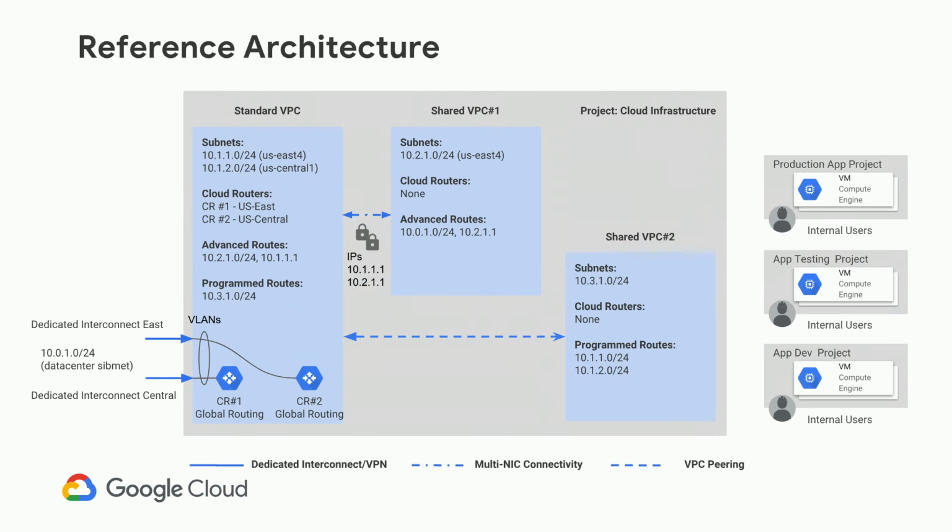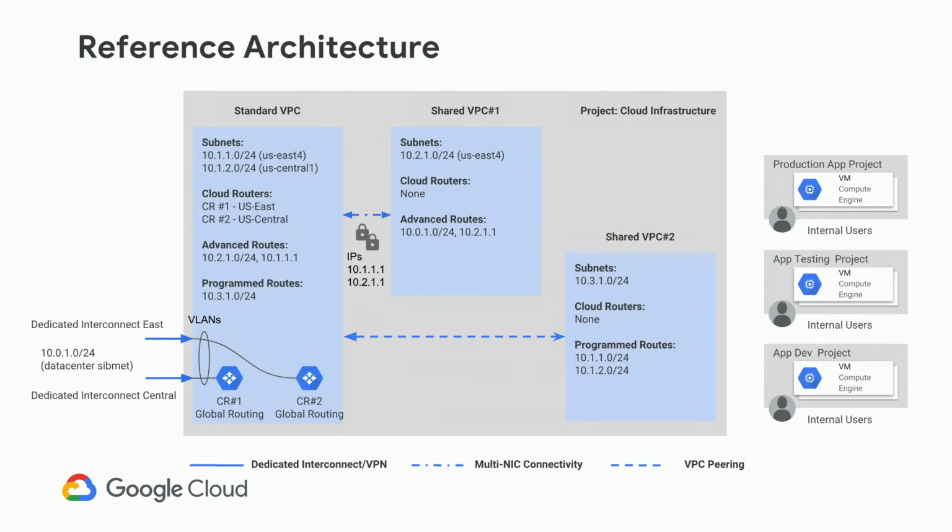The second thing is I want to peer 2 of these. If I take the shared VPC number 2, I'm going to peer that with the standard VPC. That allows, again, the standard VPC and shared VPC to communicate together via that peering relationship. If you look at the bottom, it says programmed routes. In the standard VPC, I'm going to now have programmed routes. And again, these are routes that I talked about in the very first slide that you can't change.